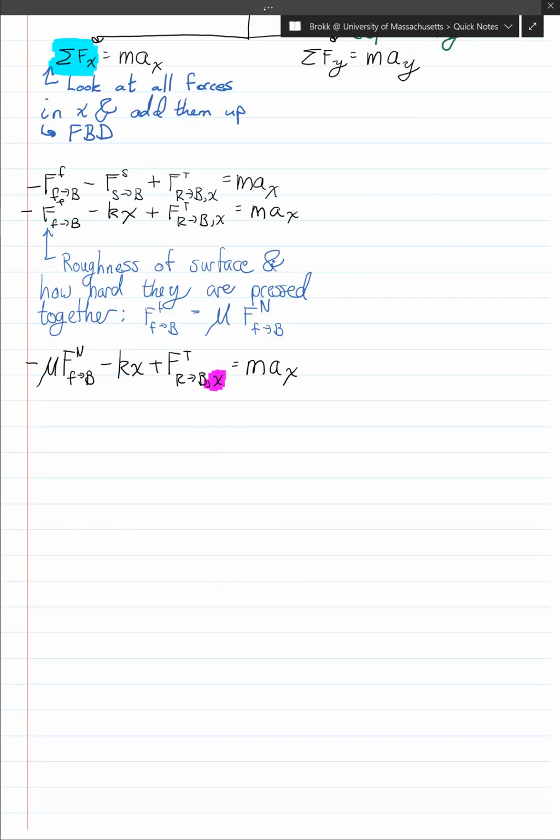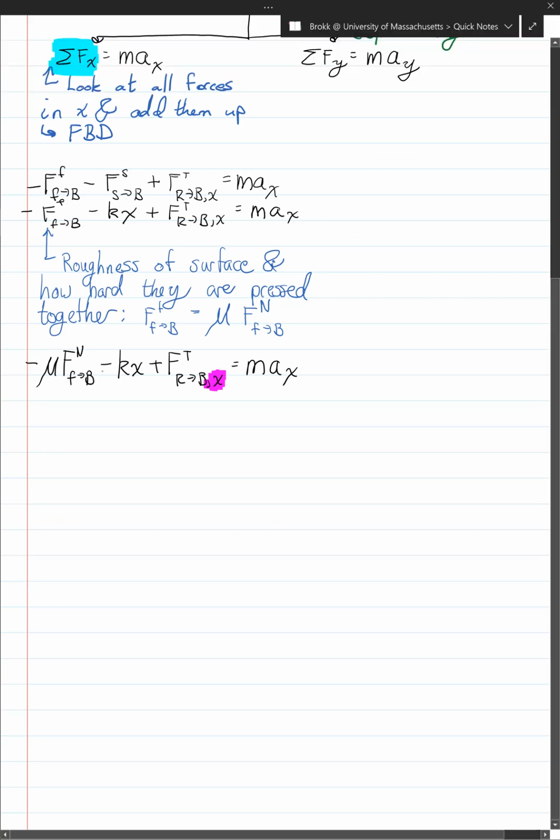the cosine. If I draw it a little bit bigger, maybe make it a little easier to see. There's my force of tension. There's my force of tension rope on box in the X. There's a 90-degree angle. That's a 30.